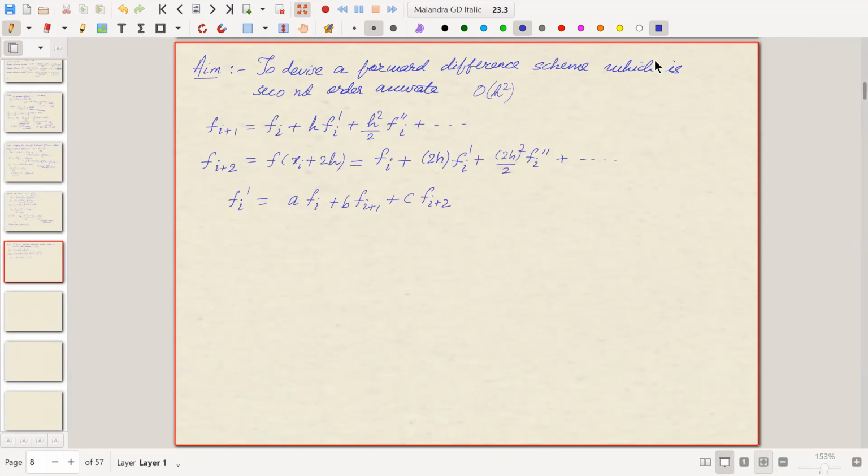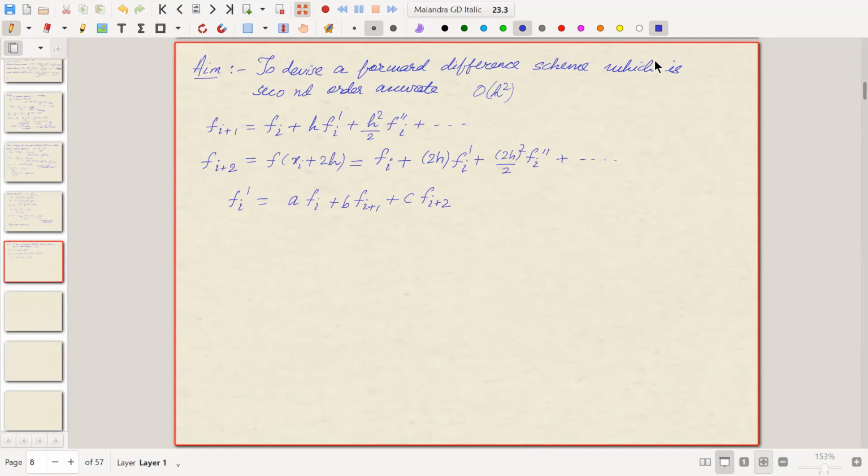We don't know what these constants are yet, but by applying the basic common sense of a forward difference scheme, it will have only the forward points. We can write that f i prime is some multiple of f i plus some multiple of f i plus 1 plus some multiple of f i plus 2.